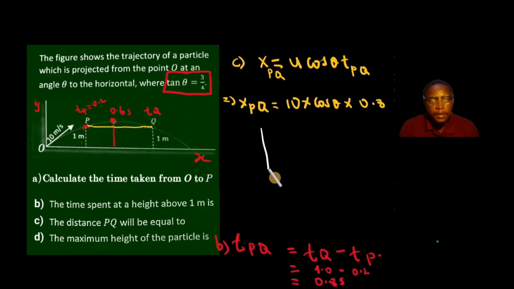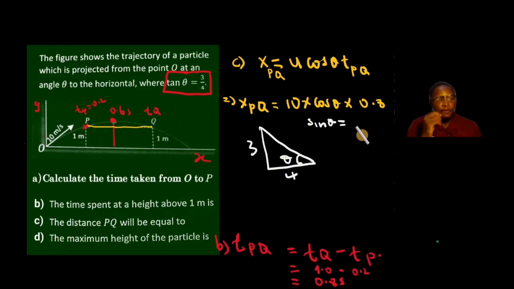But remember, tan theta was given, and tan theta is opposite over adjacent. Remember, when I was calculating sin theta, which I obtained from the A part as 3/5, I know sin theta is opposite over hypotenuse, so I calculated the hypotenuse to be 5. So from this triangle, cos theta, which is adjacent over hypotenuse, will be 4/5.